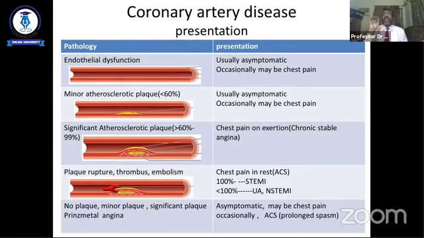And depending on the specific type, we then select different types of definite treatment. But for all patients with acute coronary syndrome, whether unstable angina, non-ST elevated MI or ST elevated MI, these apply.